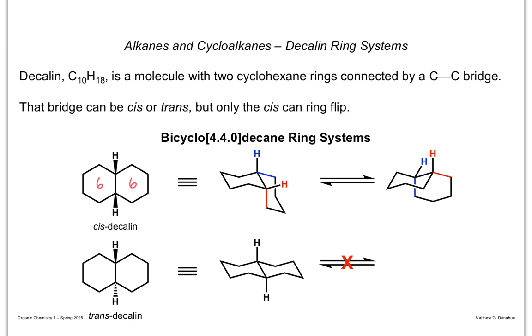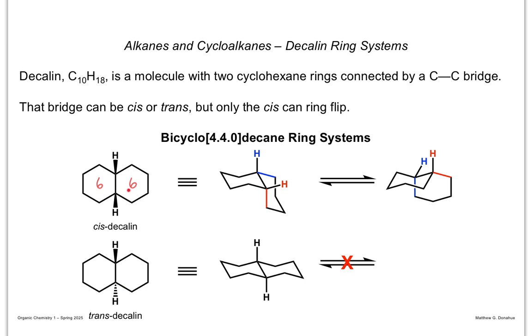So we learned about these bicyclic compounds a little bit in terms of the nomenclature. You have a 6-membered ring, a 6-membered ring, and that center carbon-carbon bond is the bridge. So this molecule by itself is called decalin. So you can have cis-decalin where the 2 hydrogens are on the same side, or trans, they're on different sides.